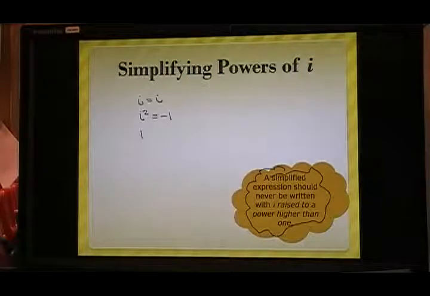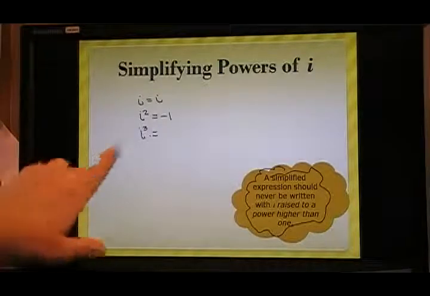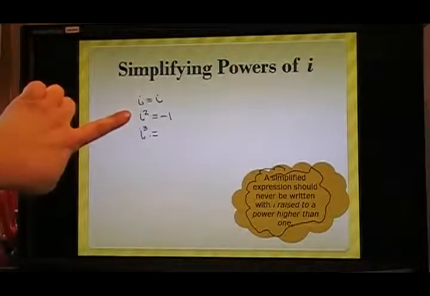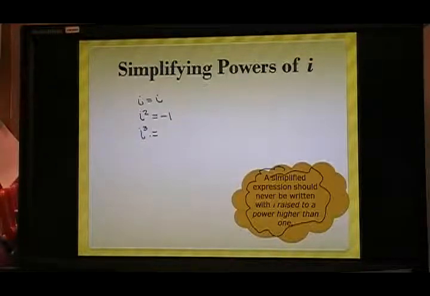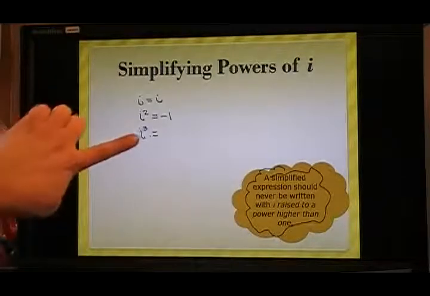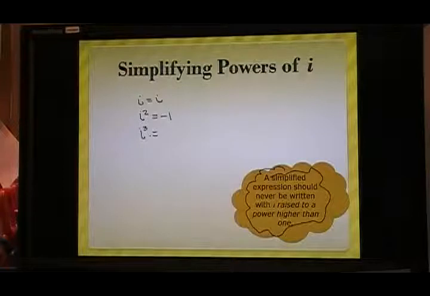And so how would we do that? Okay, if we think about what i to the third would be equivalent to, we can use what we know about multiplication of exponential numbers. i to the third power can be created by multiplying i squared and i together.